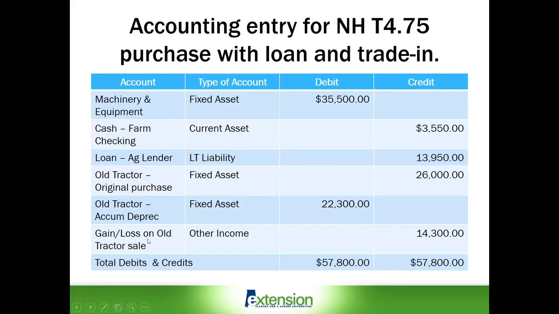Then we have the gain or loss on the old tractor sale, which is recorded to other income, and we have a gain of $14,300. Thus, $57,800 of debit, $57,800 in credits. The entry is in balance, but understand that this is a compound entry and requires 3 different documents to calculate correctly.